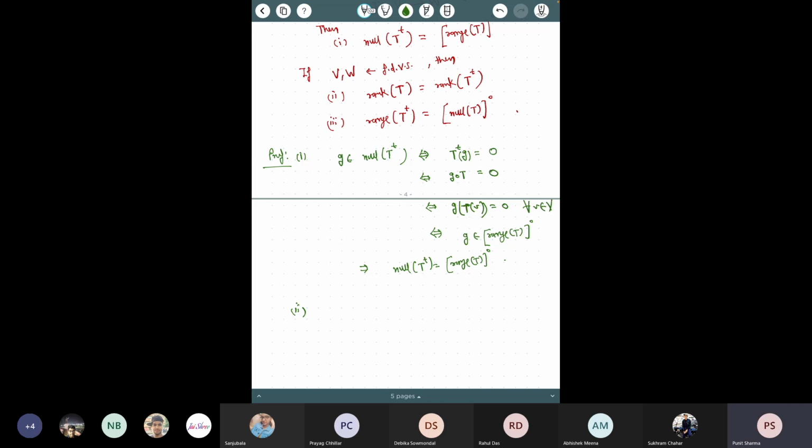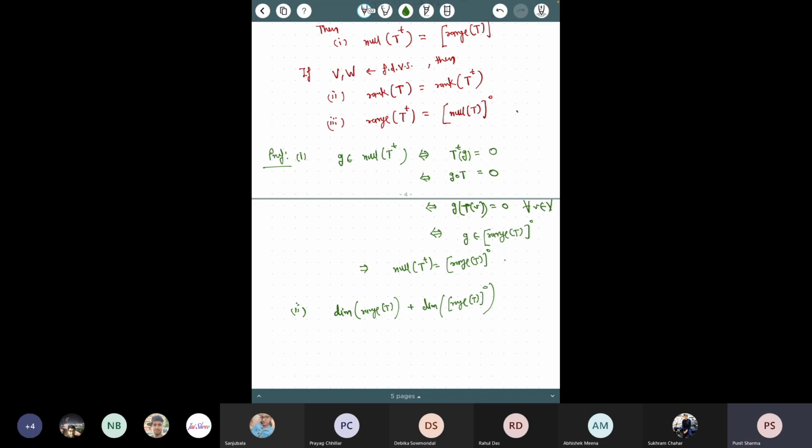Now, can we do that? So this is straightforward actually. So how to do that? Let me write this to save time. Dimension of range of T, which is actually the rank, and dimension of the annihilator of range of T. See, we want to relate the dimension of range of T and range of T transpose, right?